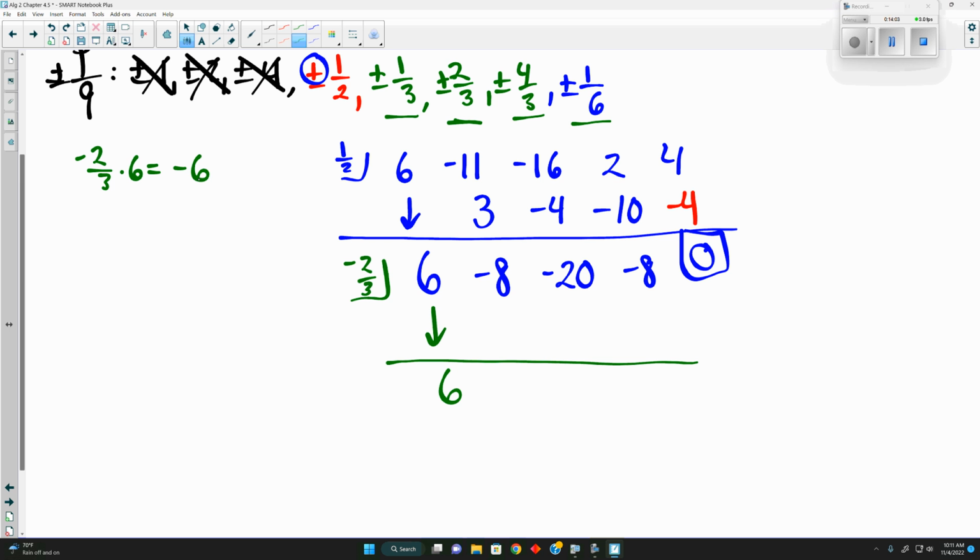Let's see here. Make sure. There you go, right there. What is 6 divided by 3? And negative 2 times 2 is?